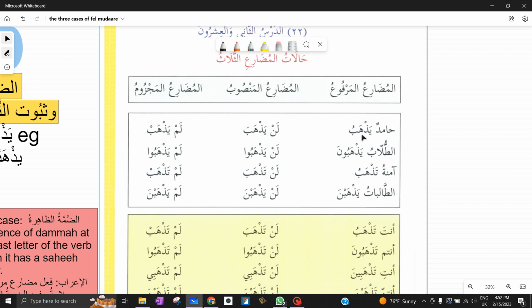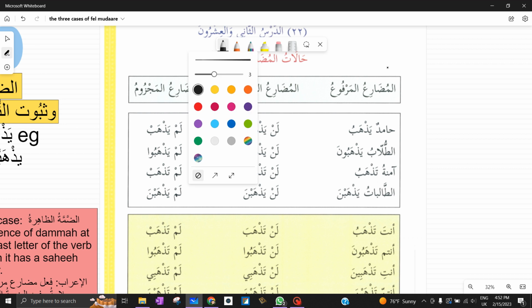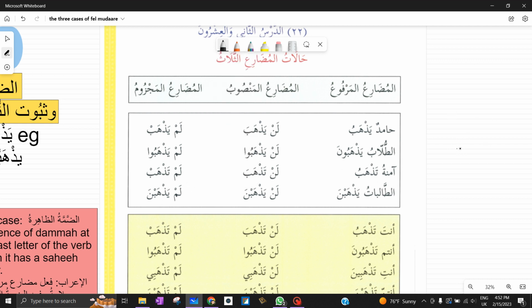Now usually when we make a present tense, we always make it yadhhabu, and you see it follows a certain scale, yaf'alu, and the last letter always has a dhamma.